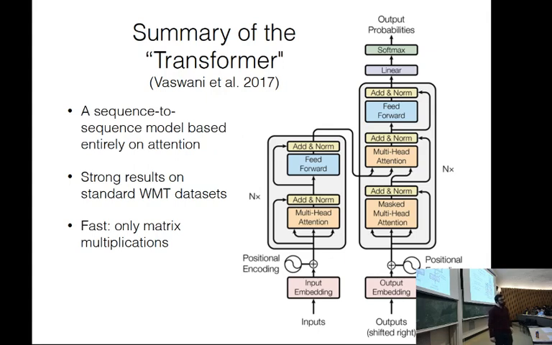And how do we get variable length output for this model? When you actually do the generation, not during training but during inference, you generate one word at a time. You encode the source as you would during training, and then you have the attention over it to produce the first word.